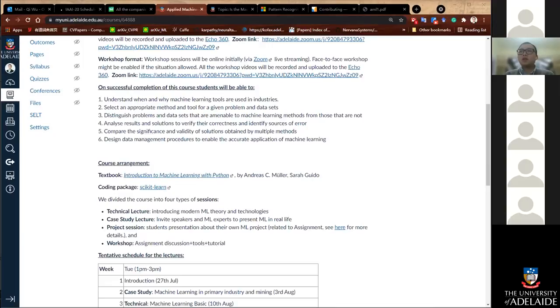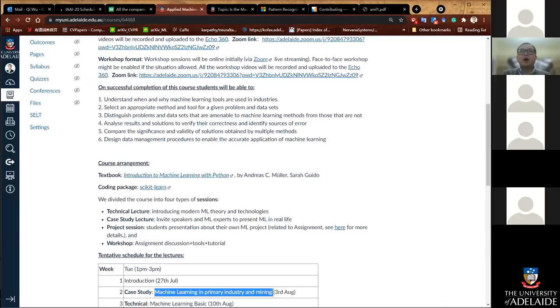Others are from different organizations or companies. For example, a case study is about machine learning in primary industry and mining. So we invited Asan, a postdoc researcher from the Australian Institute for Machine Learning. He will come here to introduce how they use machine learning algorithms to improve the efficiency for the primary industry and mining.